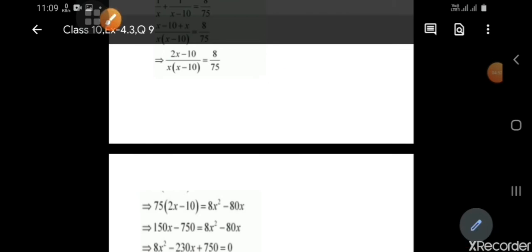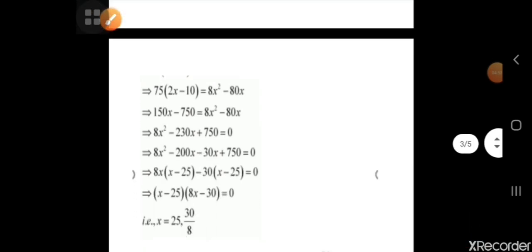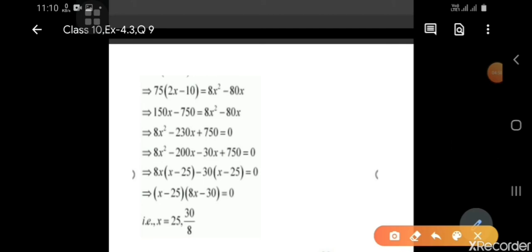After cross multiplication again we get 75 into 2x minus 10 is equal to 8x square minus 80x. Now just multiply it, we get 150x minus 750 is equal to 8x square minus 80x. Now transpose these two terms to the right side.